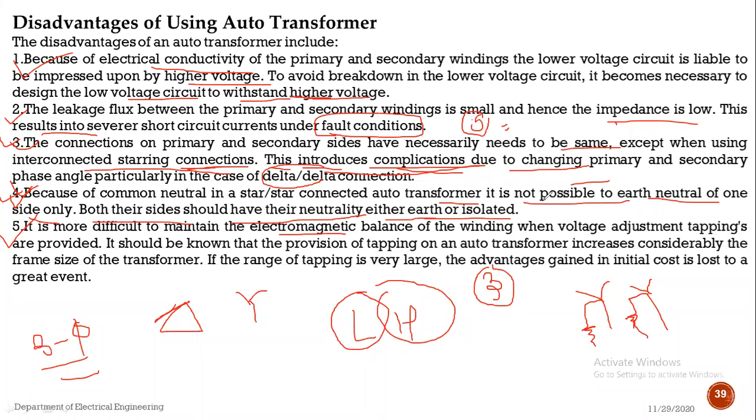And if the range of the tapping is very large, the advantage gained in the initial cost is lost to a great extent. When we provide maximum tapping, the cost of the transformer also increases.